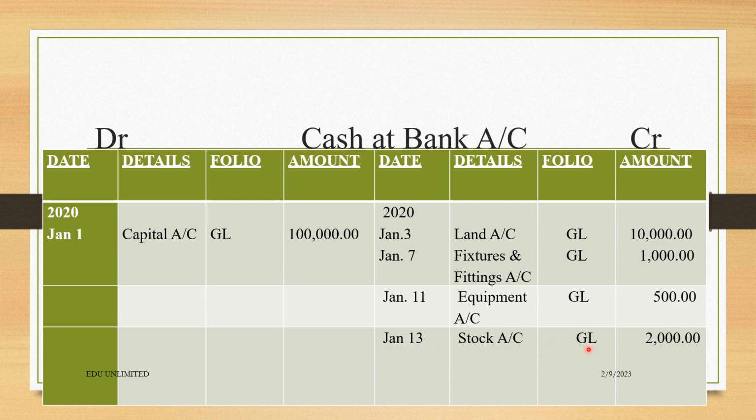It is a general ledger account and the amount is $2,000 as we follow the cursor. So the cash at bank account now looking very busy, more than the other accounts, because it is the account that is laid heavily on in any business where a number of transactions are done.